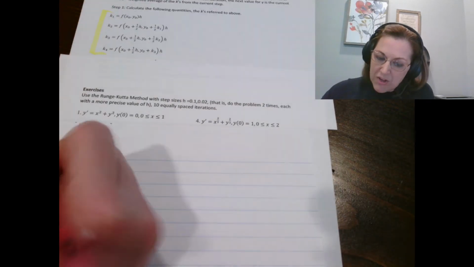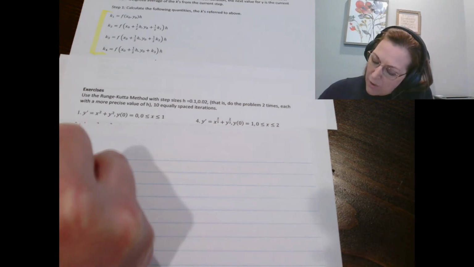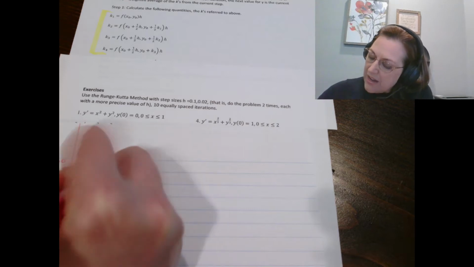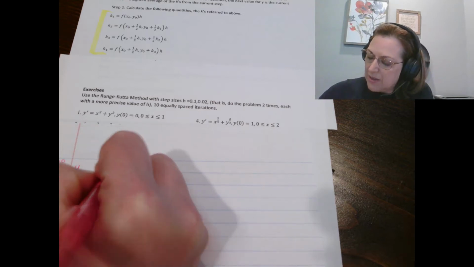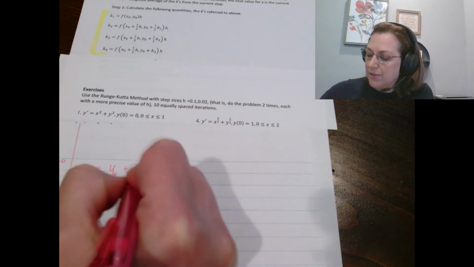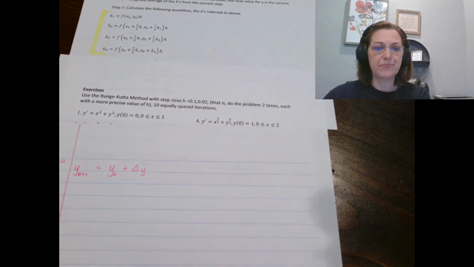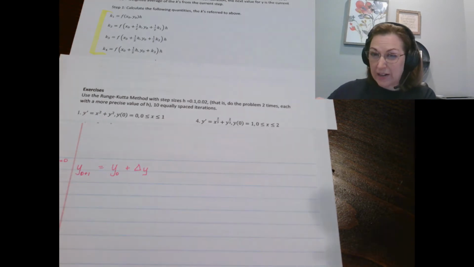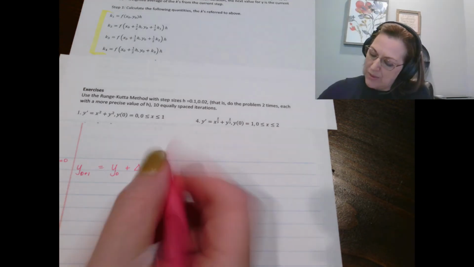So let's begin. We're going to say that y sub 0 plus 1, because we're going to let n equal 0 here, is going to be y sub 0 plus that delta y. And this delta y is unique for the Runge-Kutta method, so let's take a look at how we do that.